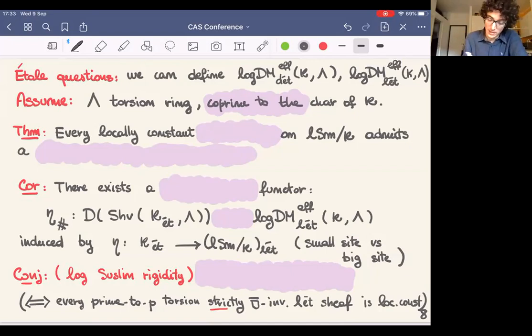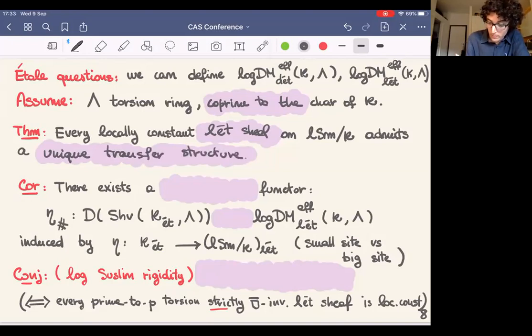Every locally constant log étale sheaf on log smooth over K admits a unique transfer structure. In the non-log setting, this is a theorem of Suslin and Voevodsky.